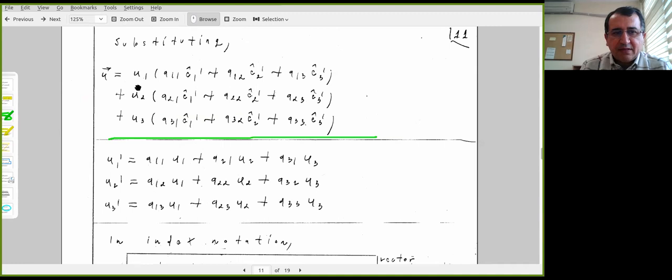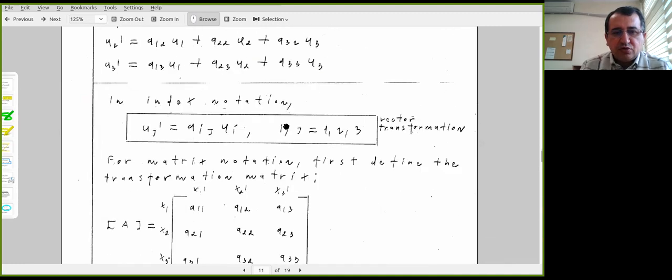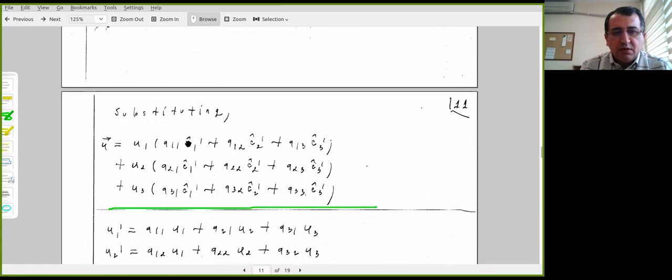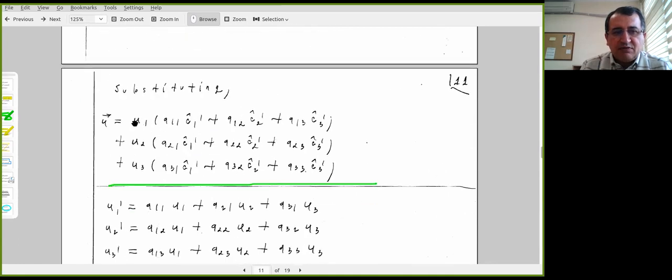and you will get a compact equation. You'll be able to write this as v1 prime e1 prime hat plus v2 prime e2 prime hat plus v3 prime e3 prime hat. And what is v1 prime? A11 v1 plus A21 v2 plus A31 v3. This is the scalar component in the new coordinate system.